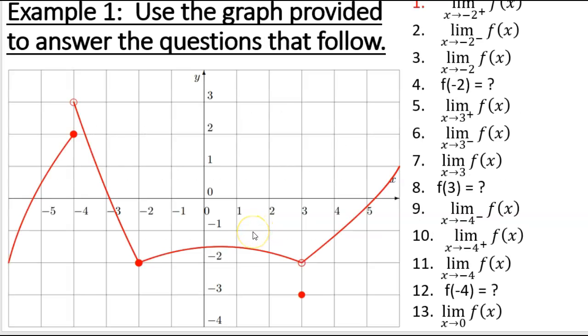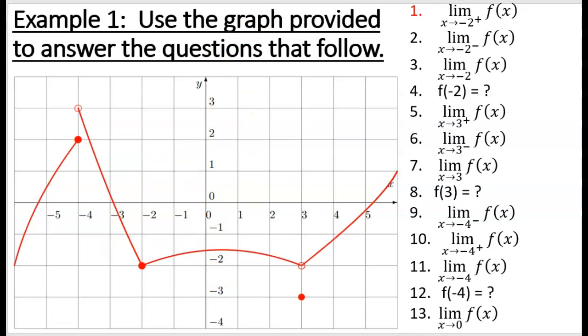So here we go. When you're looking at a graph, your x values are on the horizontal axis and your y values are on the vertical axis. Alright, so let's take a look at number one. The first thing you want to look at when you're doing a limit by graphs is this part down here, because it's telling you what we're doing.